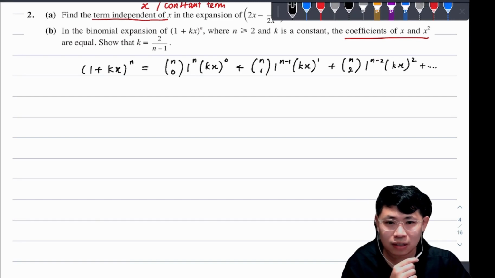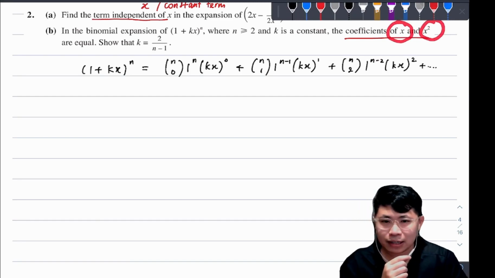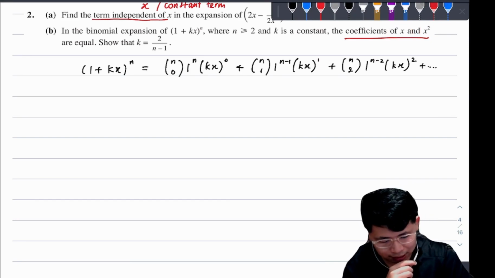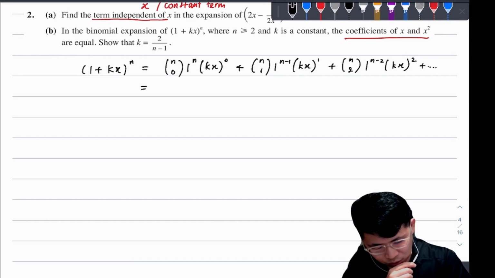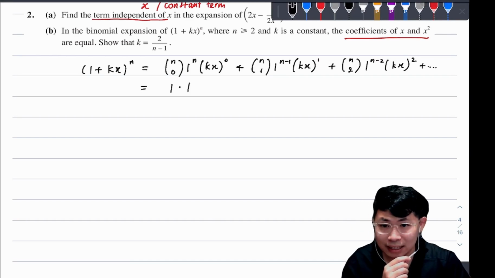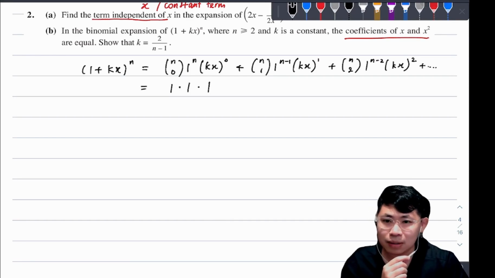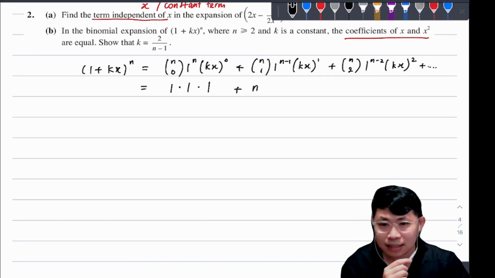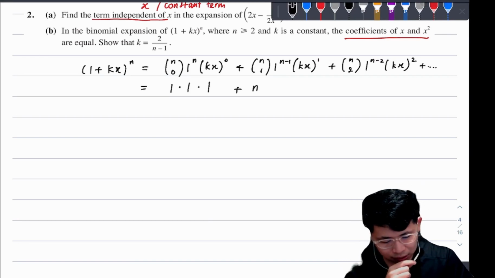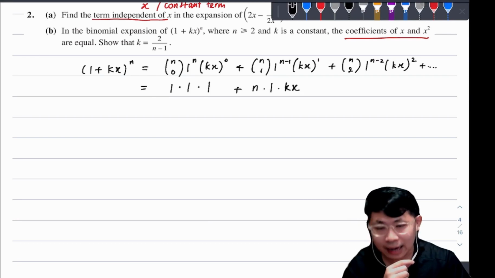I think we do just this much, because I already have my x term and my x squared term. I just need to expand until there. So let's do some simplifying. n choose 0 is 1, 1 to the power of anything is 1, anything to the power of 0 is also 1, so this first term is 1. Next one, n choose 1 is going to be n, a special result that you need to know. kx to the power of 1 is just kx.